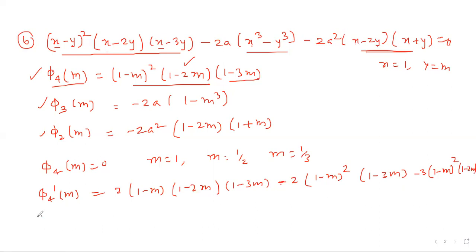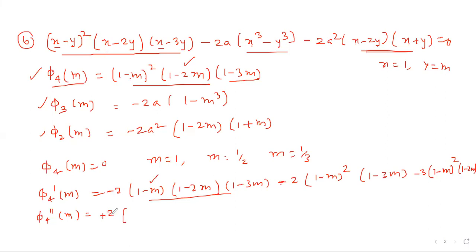Similarly, we find its second derivative, phi 4 double dash m. So again, we apply product rule here. So if we differentiate this, we will get minus 1. So this will become minus 2 times other terms we can write. Here there is a slight mistake: when we have differentiated this, the minus sign will already come over here.